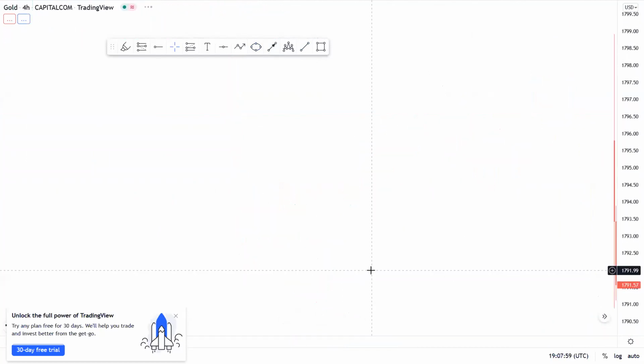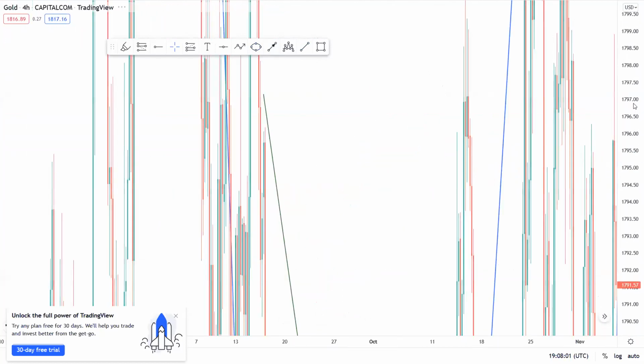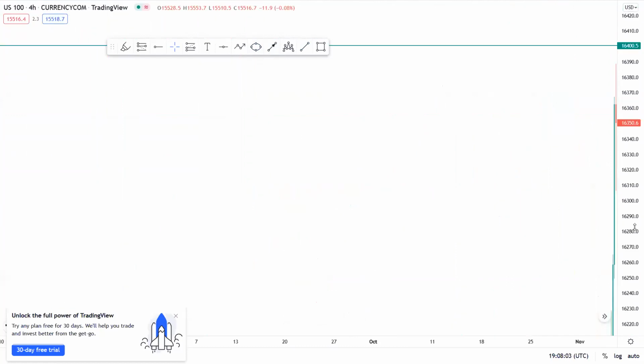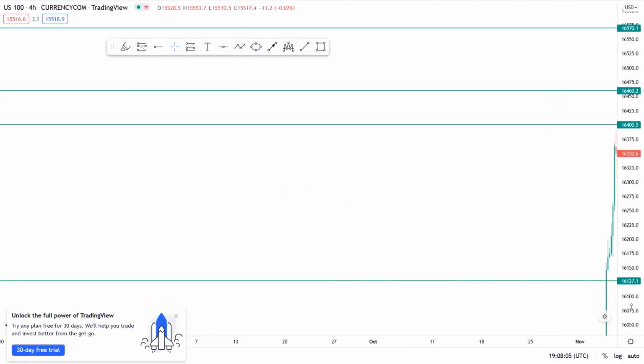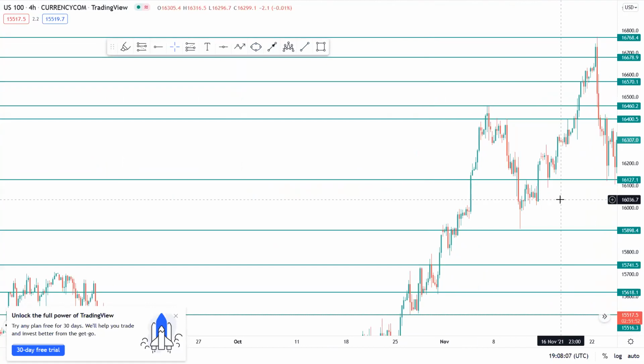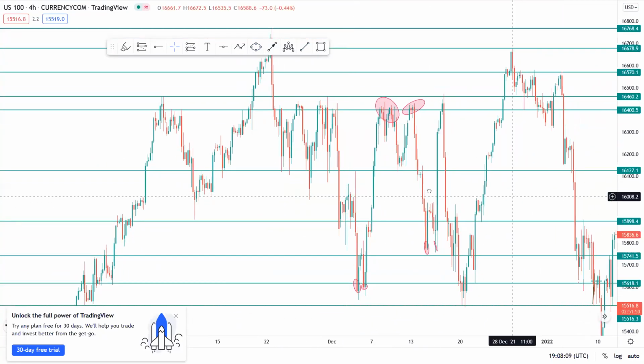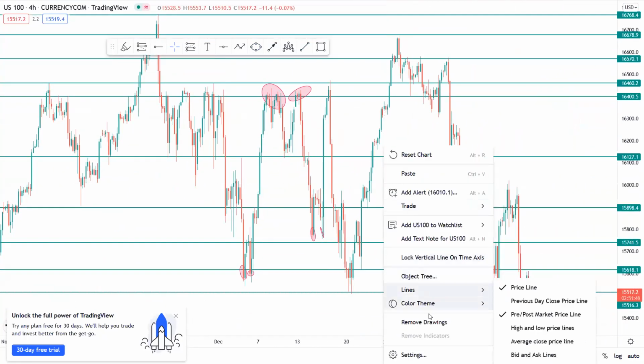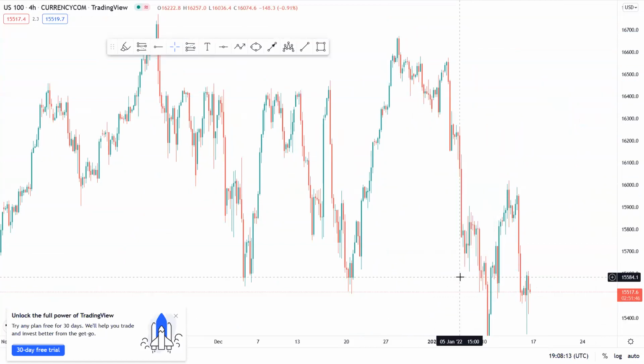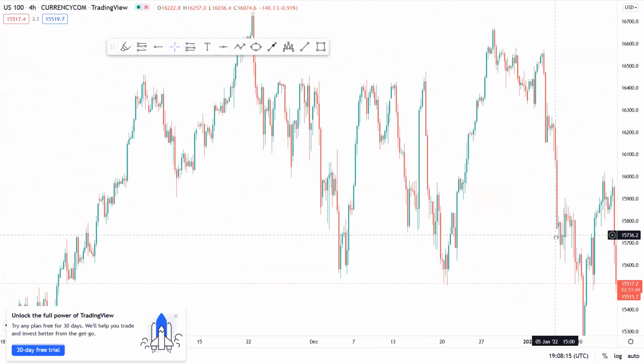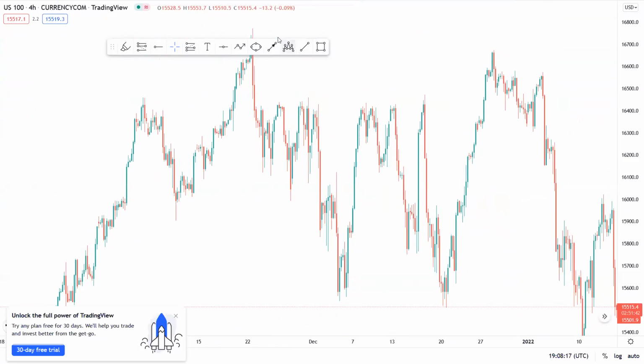So let's check another index, or yeah, let's check NASDAQ, right? Double bottom.